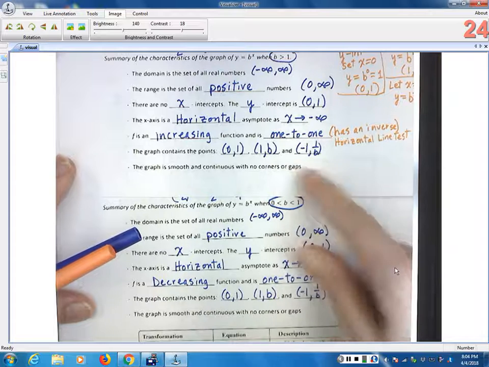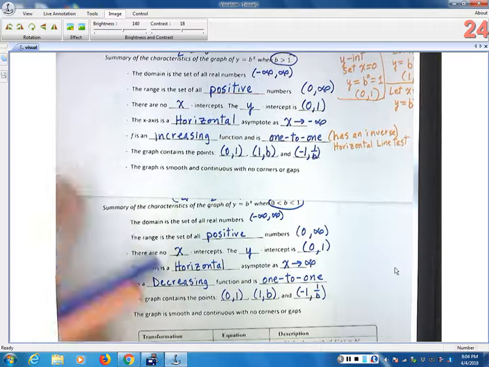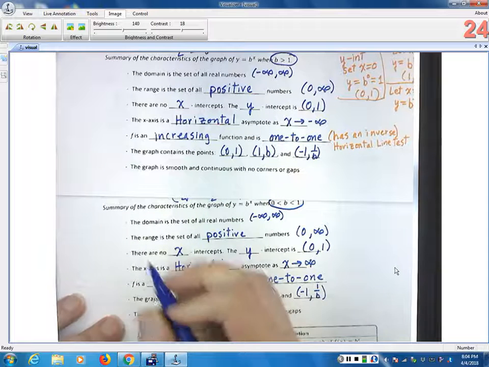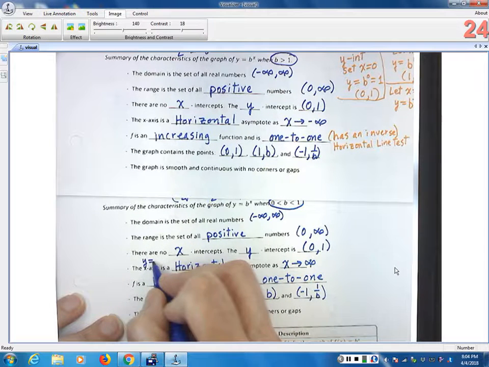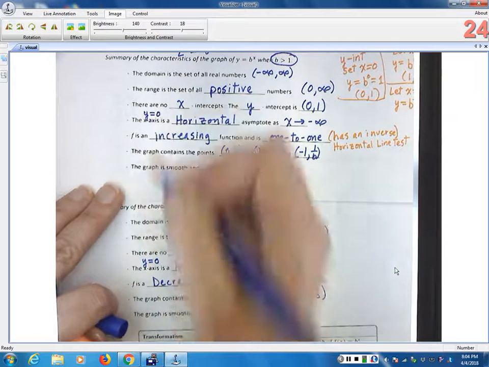So you do have to memorize that it has a horizontal asymptote, and you want to write that it's at y equals 0. You want to write the equation of the line instead of the x-axis.